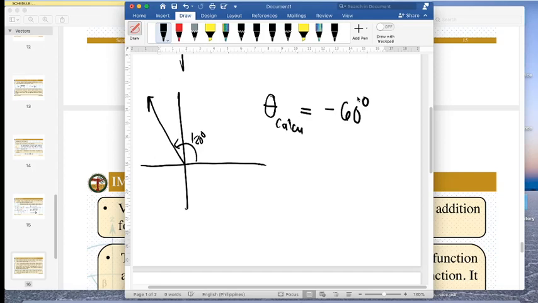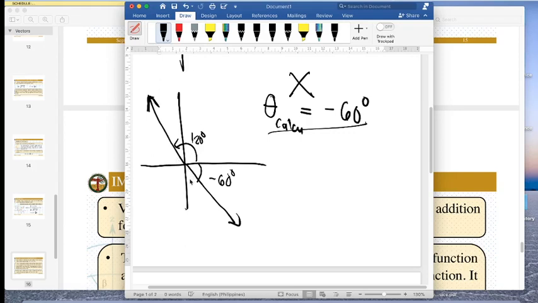Although this is correct in your calculator, it is not correct for your vector. So please do not answer this one; answer based on your anticipation, your drawing of the vector. How can I do this? Negative 60 degrees is actually equal to 120 degrees. This is the negative 60 degrees, right? So they are equal.